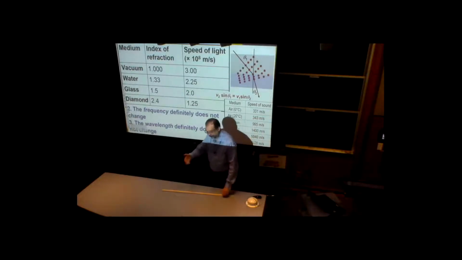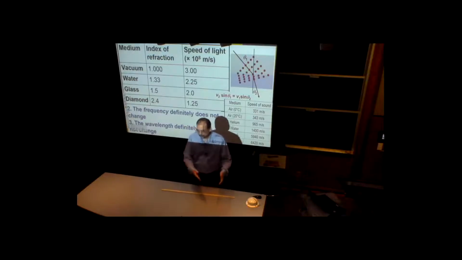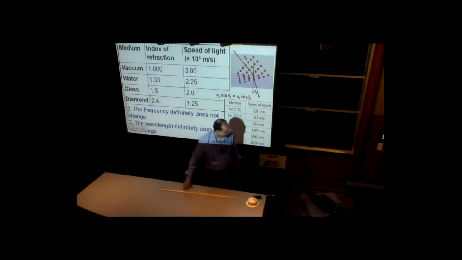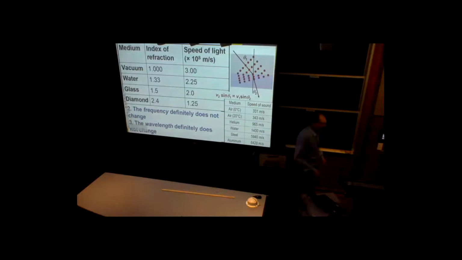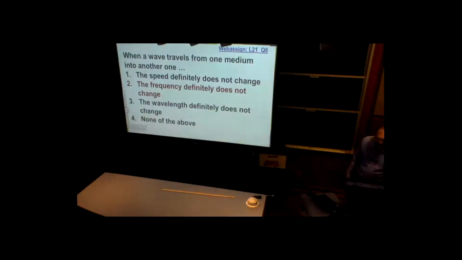Well, you have to choose something. It's a web-assigned question. You have to make a choice and enter it. You have to follow your gut, wherever it tells you. Did you enter it? Yeah. You're wrong. The frequency is the property of a source, the wavelength is the property of a wave.